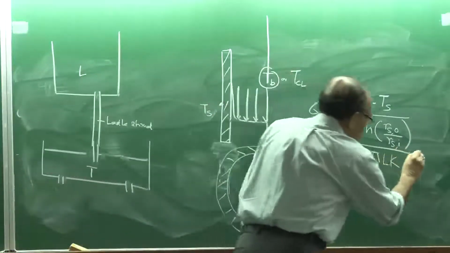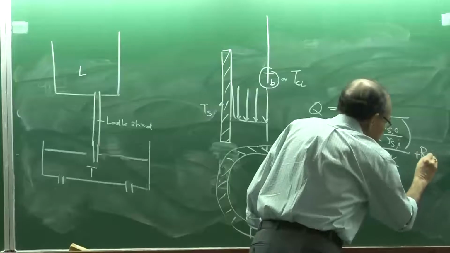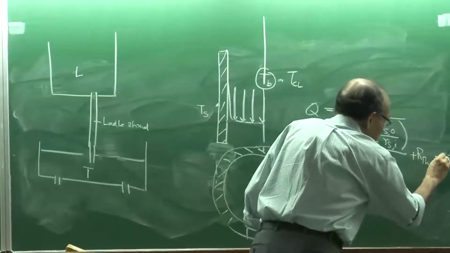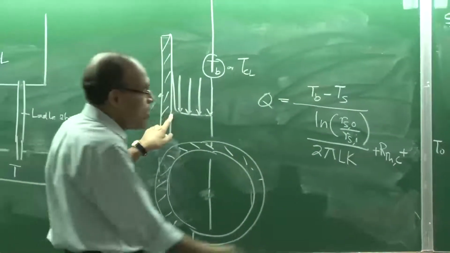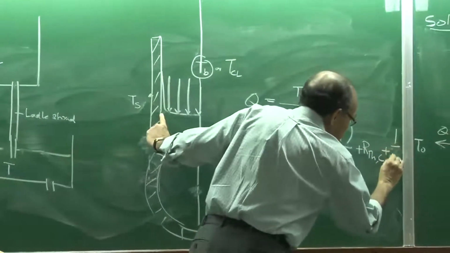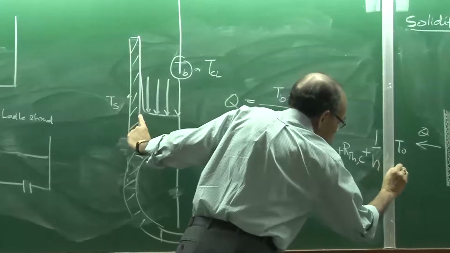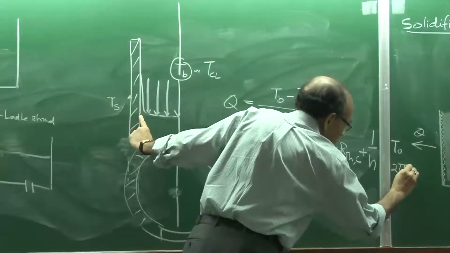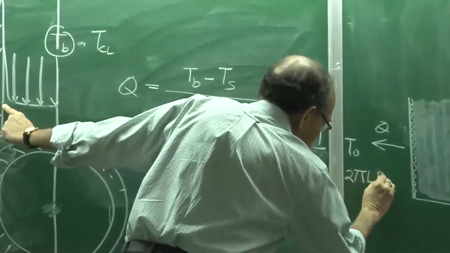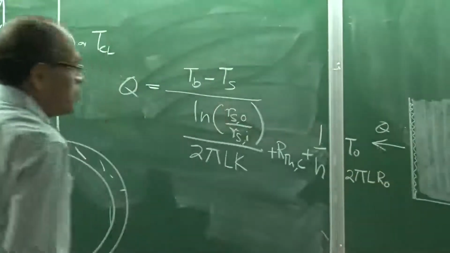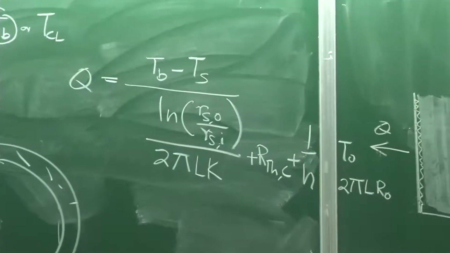Then we have a contact thermal resistance, R thermal contact, and then for the boundary layer heat transfer, one can show that this resistance is equal to 1 over H into 2 pi L into R0. That is what it is.